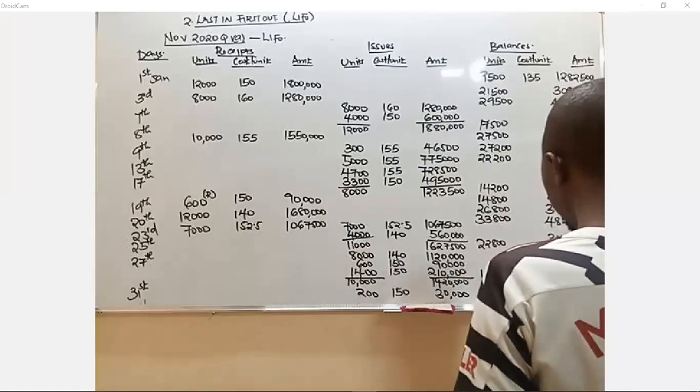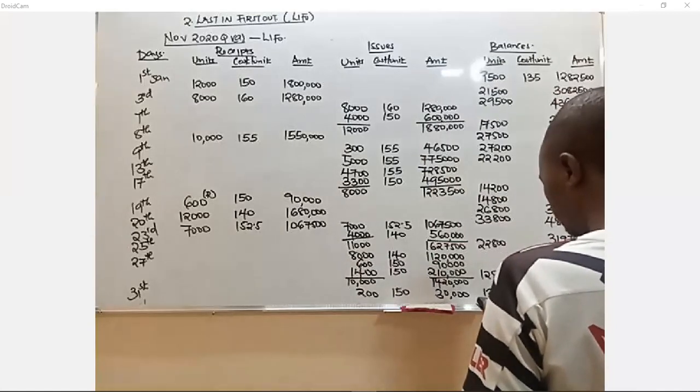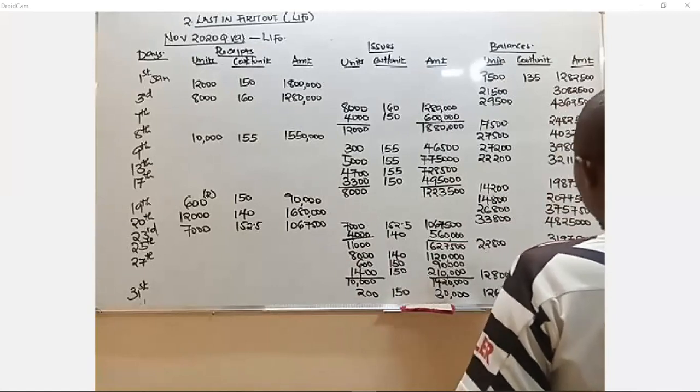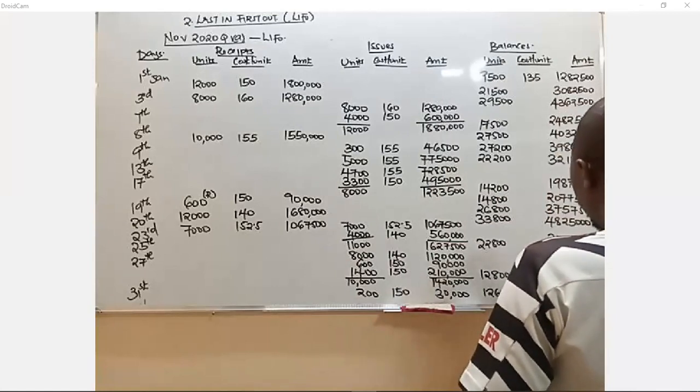Then on the other side, we subtract 1,777,500. We get 1,747,500.